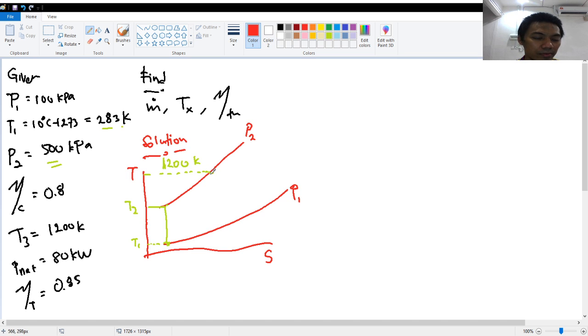After that, if you read carefully the question, it says that your turbine has two stages which are connected in series. Okay, so it is supposedly like this. Yes, so this is your first stage, and this is your actual temperature.